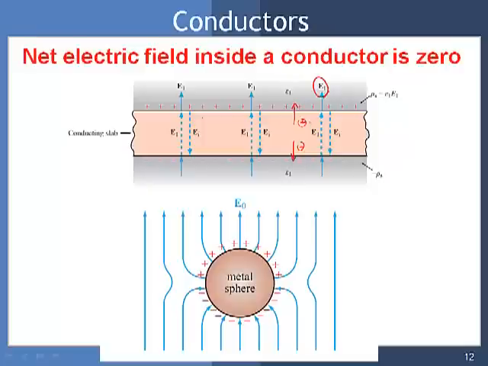The effect of this separation of charges is an internal field EI, which acts exactly opposite in direction to the external field. And the separation of charges would not finish until this internal EI exactly balances the external field. In other words, there is no net electric field. So as long as there is net electric field inside, charges would continue to separate until everything balances out.